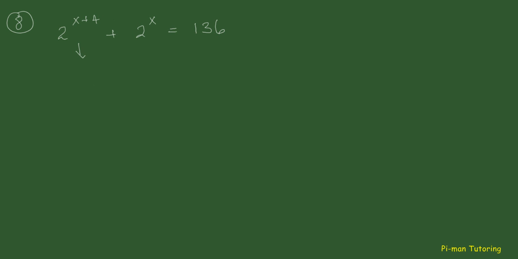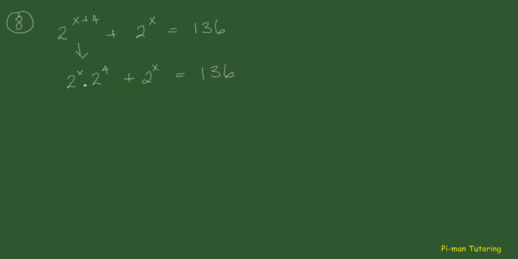If you're raising something to the power of two things added together, remember, adding exponents is the same as multiplying the numbers. So this is really 2 to the x multiplied by 2 to the 4, plus 2 to the x is equal to 136.